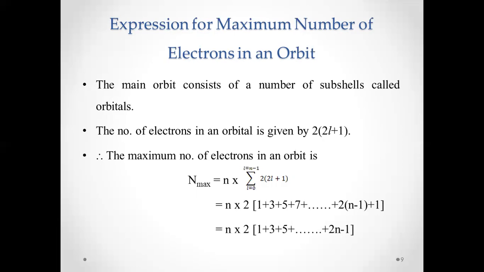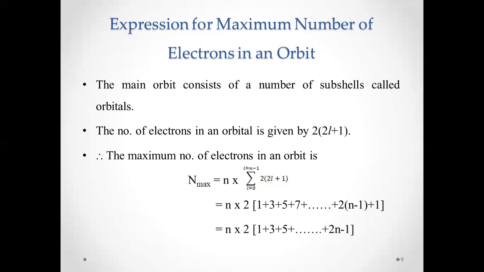This leads to the expression n into 2 multiplied by (1 plus 3 plus 5 plus 7, etc., plus 2(n minus 1) plus 1).